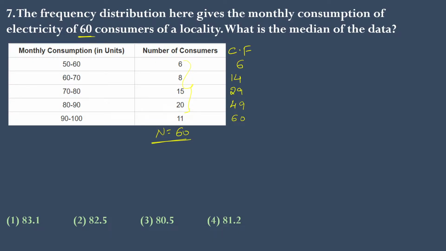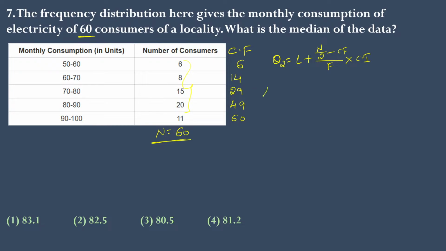The formula to find the median for continuous series data: the median can be represented as M or Q2, equal to L plus (N by 2 minus CF) by F into class interval size.